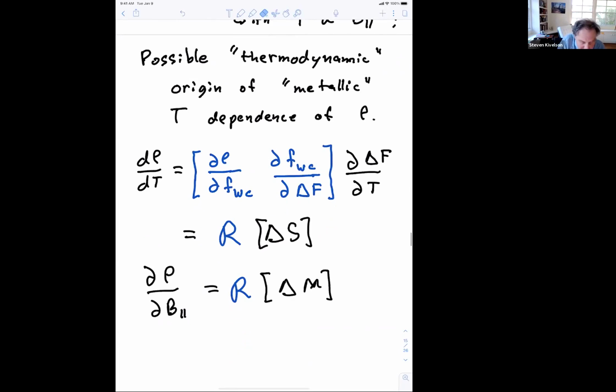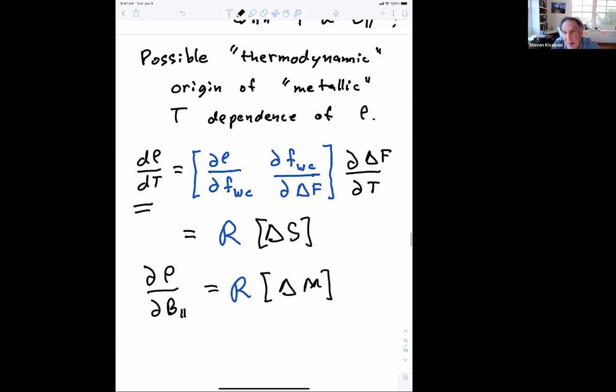So for instance, let's think about taking the derivative of the resistance with respect to temperature by a sequence of partial derivatives. I'll express that as the derivative of the resistance with respect to the volume fraction of Wigner crystal, which I think should be negative. Positive. The resistance should go up as the amount of Wigner crystal goes up.